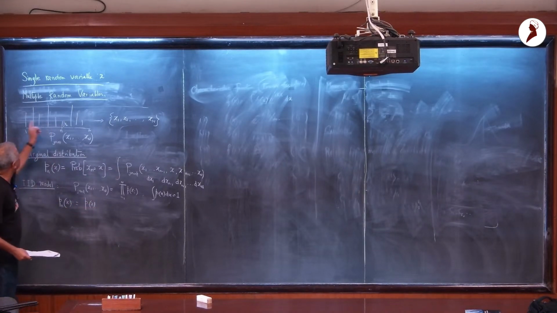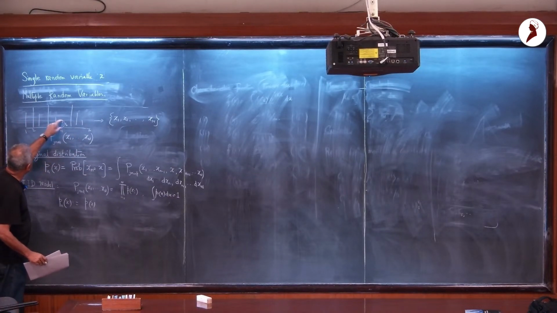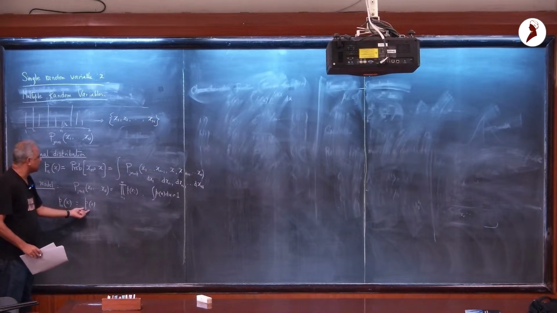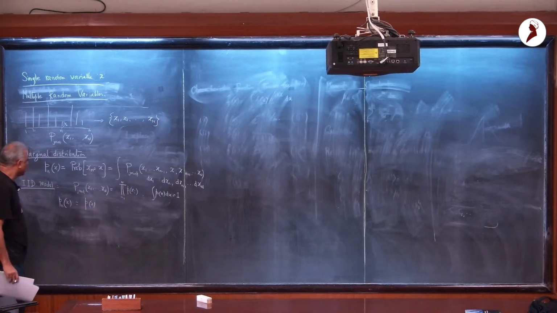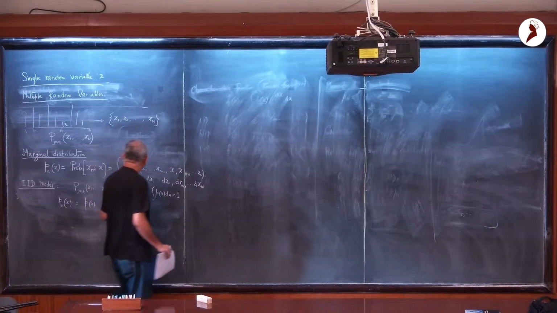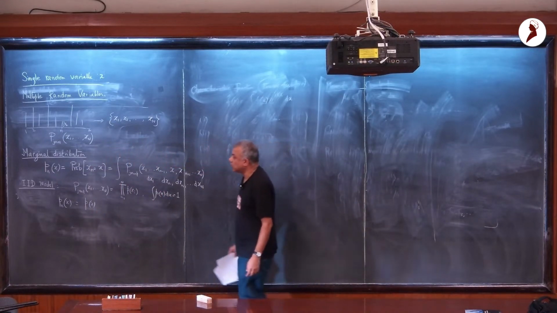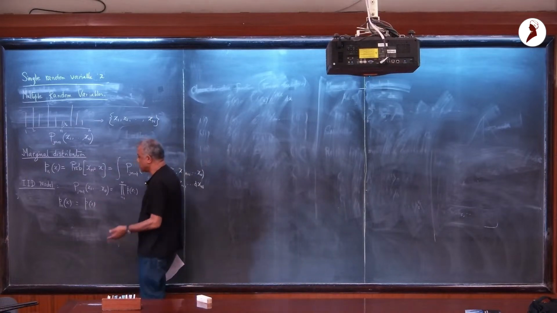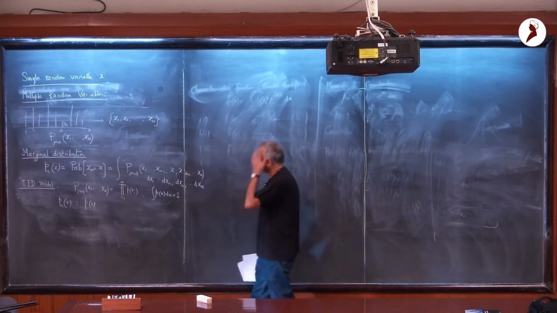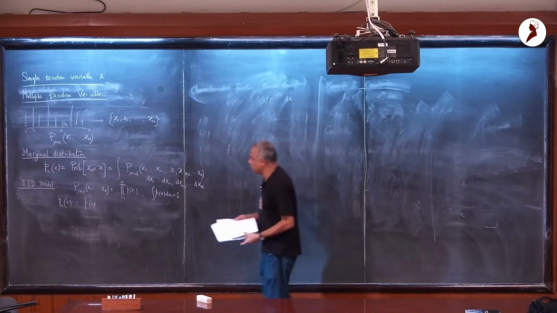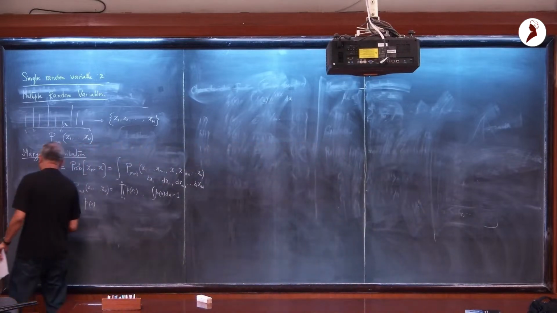Because this guy doesn't care what the other guy is doing. It's not correlated with the other guys. Therefore, the marginal distribution itself is just P of x. But this is not true when there is correlation between the particles. Then the marginal distribution will be quite different. It depends on n, and it will be a different P in general.